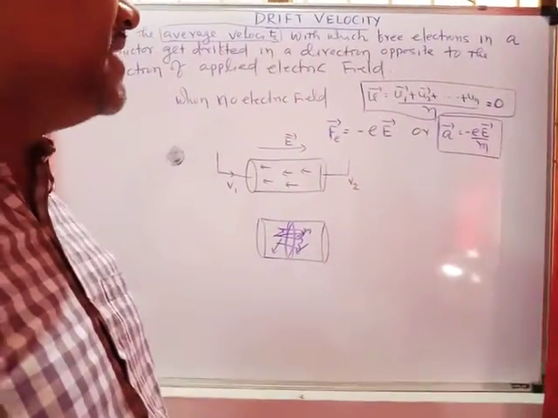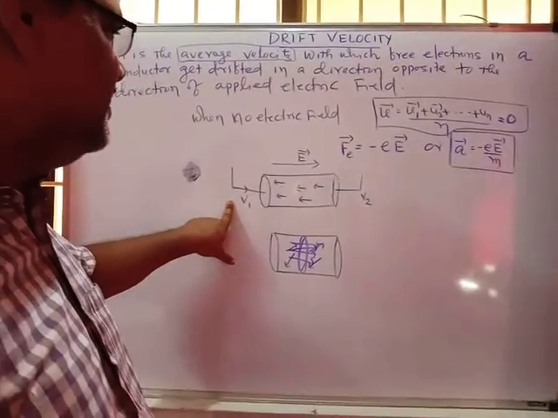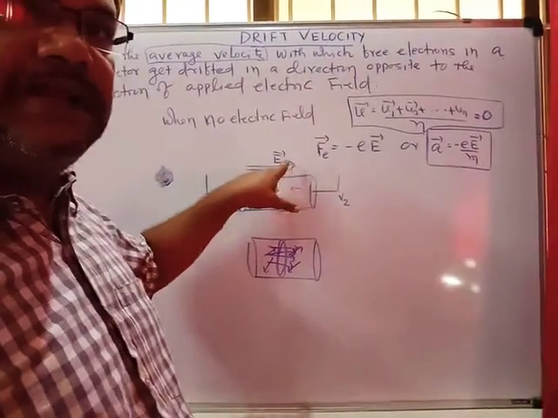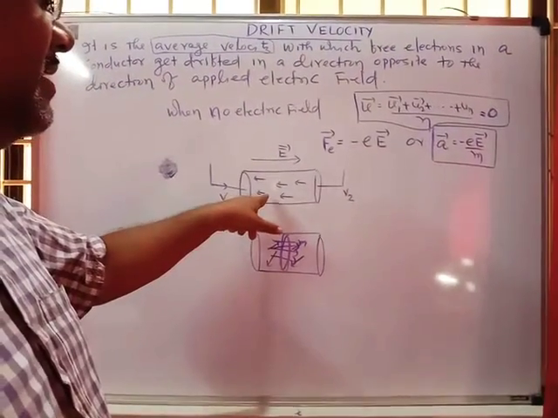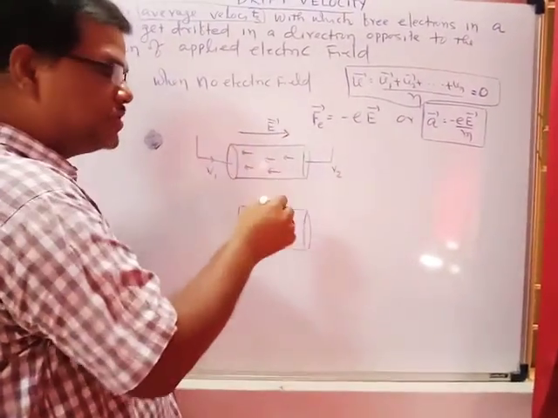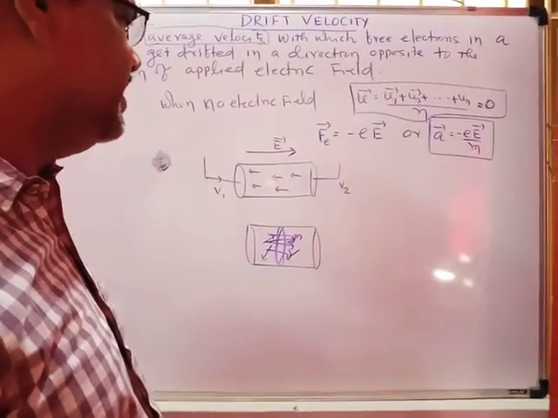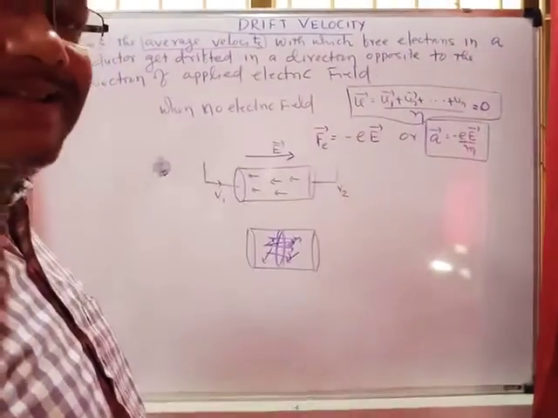When an electric field is applied, meaning you are maintaining the potential difference, the electric field will be set up in this way. The electrons will be drifted opposite to that of the electric field. Clear? So when the electric field is applied, what will happen here? The force will be experienced on the electron. So what will be the force acting on the electron?